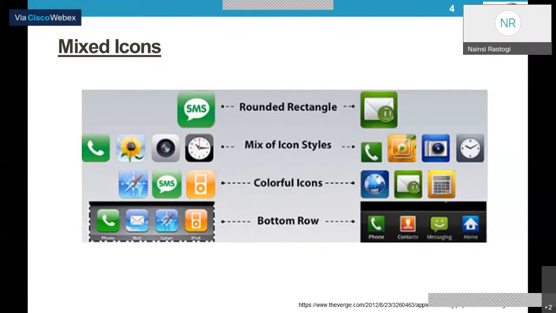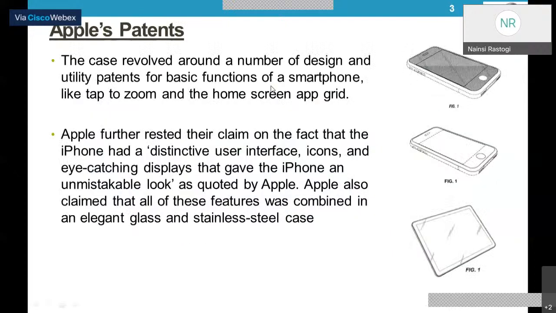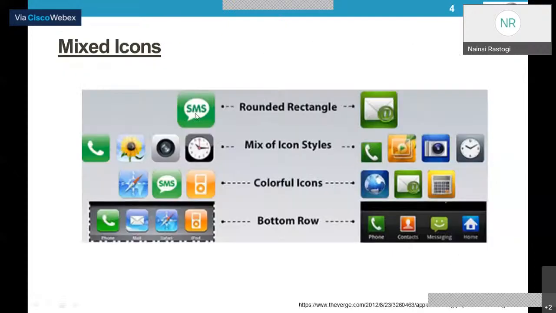This was the mixed icon thing that I was mentioning. In the case of Apple, this type of icon was used, and in the case of Samsung, they have a green rounded-corner box depicting the same message thing. Further, for the calling icon, it was almost the same. For the clock, the icon was the same.